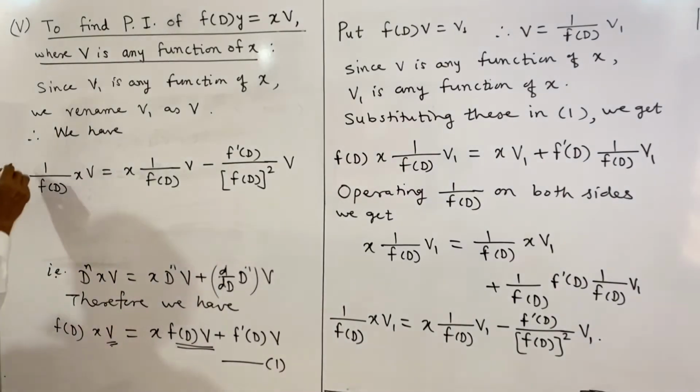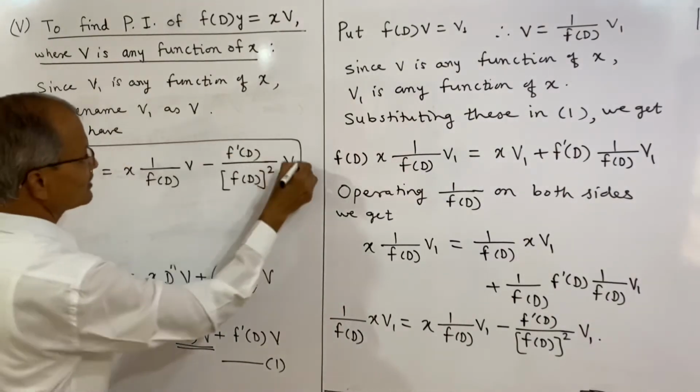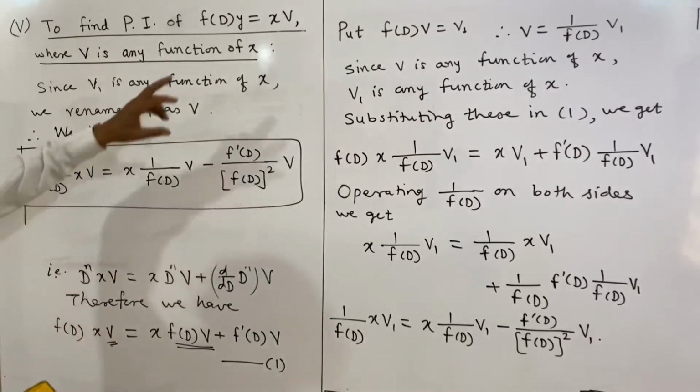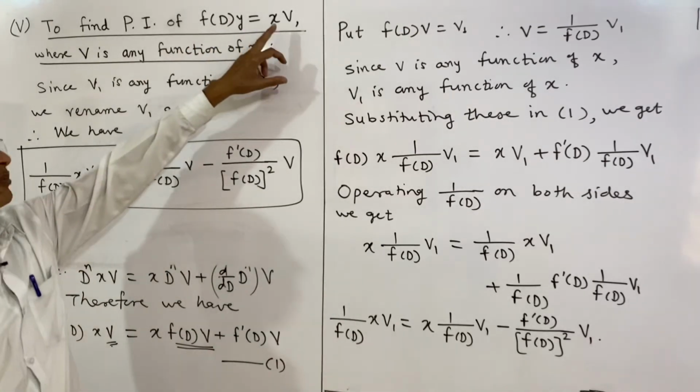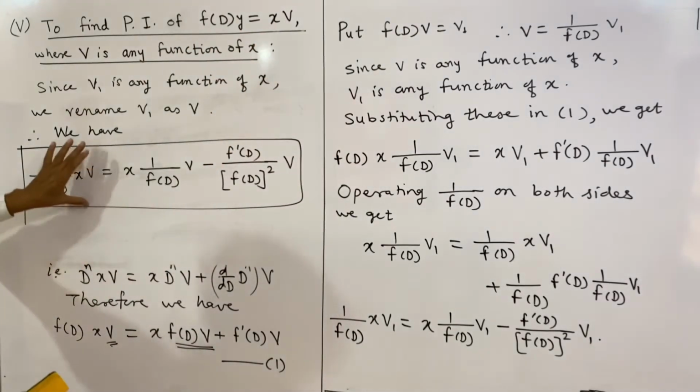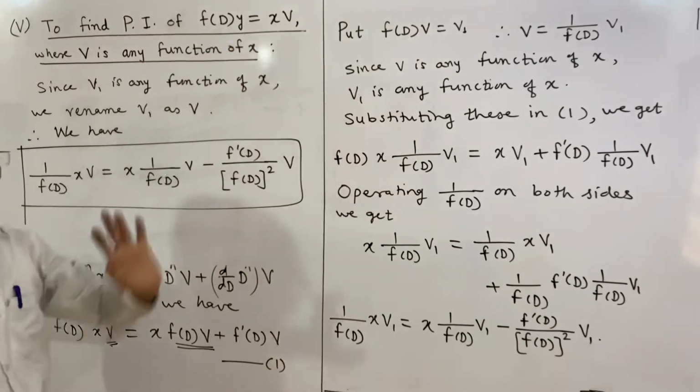So this is our formula. This is the formula that we have obtained for 1 upon f of d operated on x into v. So that gives the particular integral of this type of function.